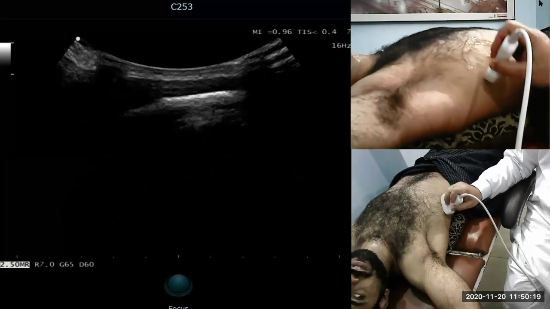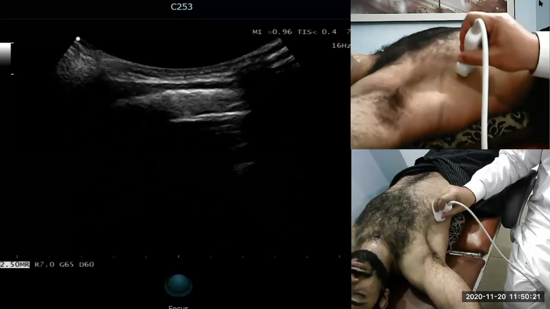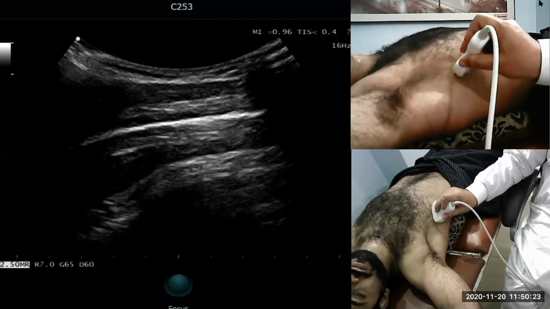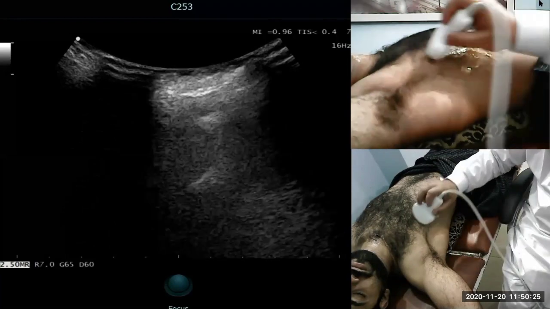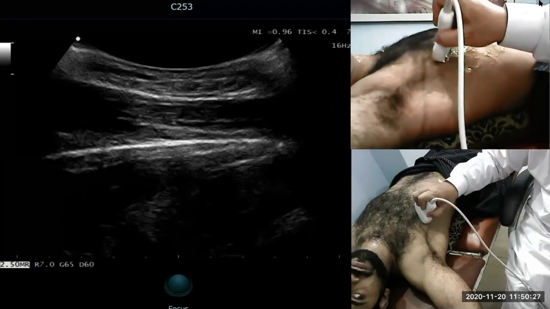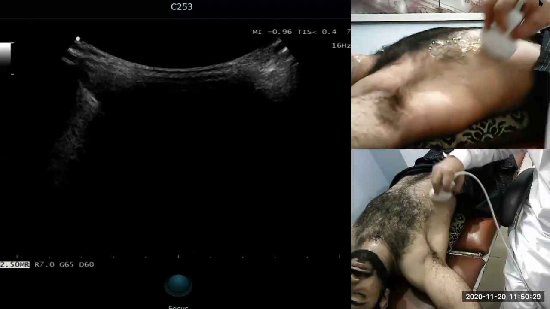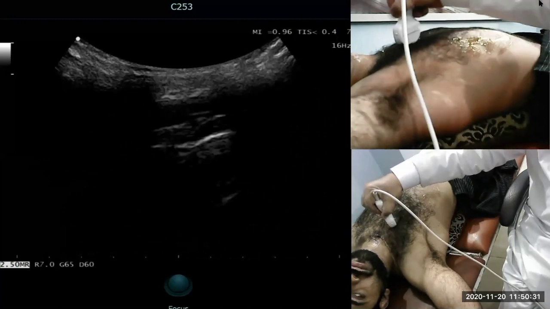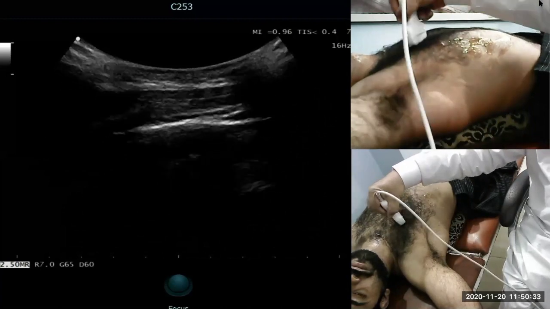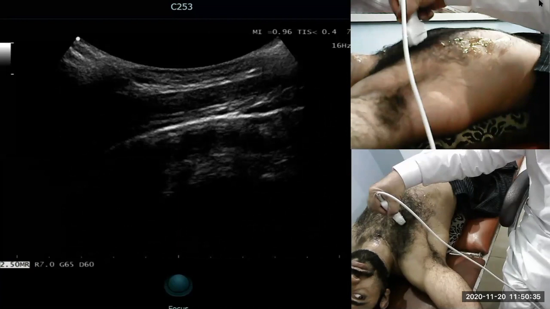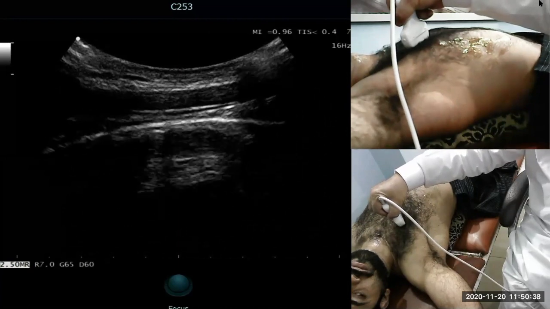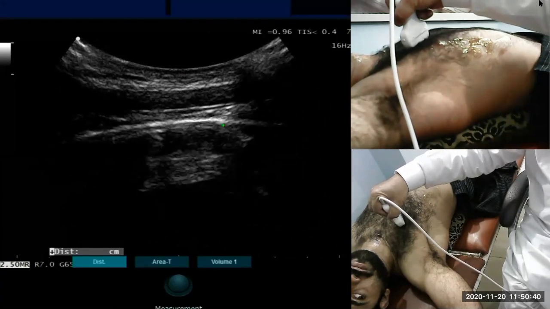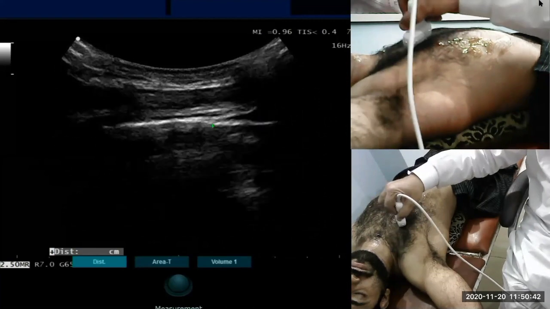In a few spaces anteriorly and also here you see the pleura. This white line is the pleura.